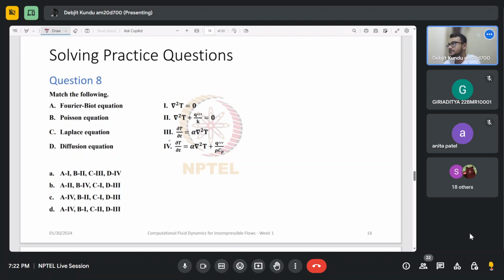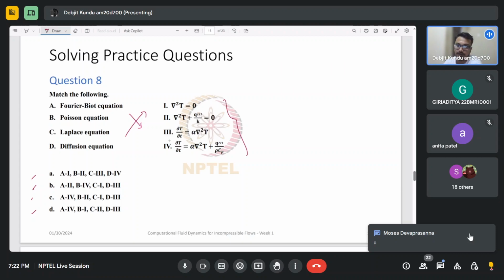What we have to do is match them with each other, and once you have figured out the correct combination, you can pick the correct option from the ones given below. I'll read this out. The four names of the equations are the Fourier equation, the Poisson equation, the Laplace equation, and the diffusion equation, and different mathematical forms are given on the right hand side. So you have to mix and match and find out the correct combination.